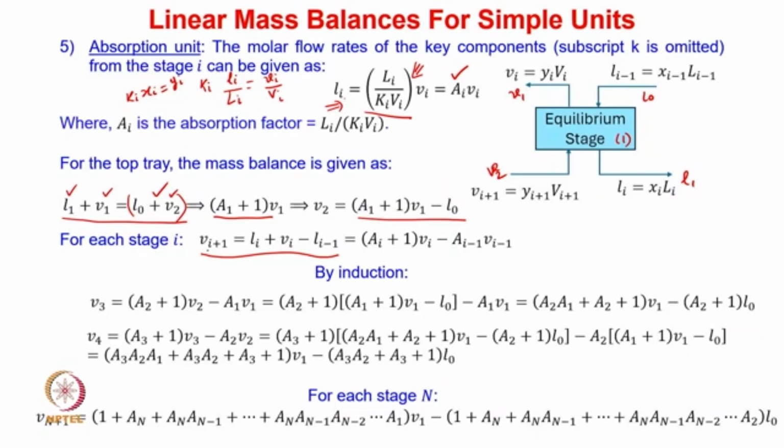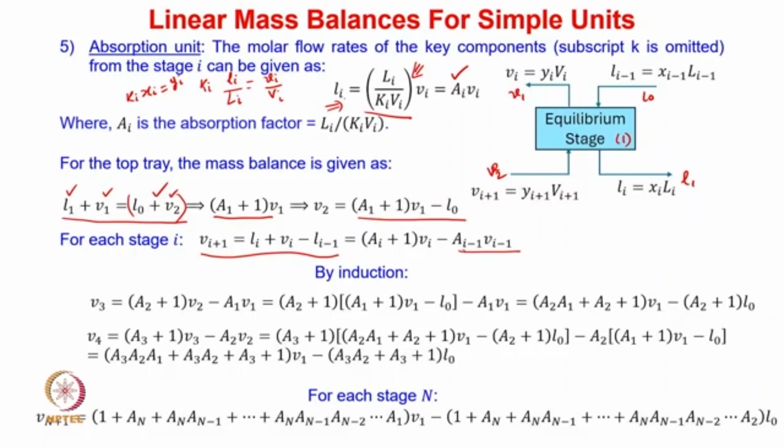We can rearrange this equation so we get v i plus 1 is given as l i plus v i minus l i minus 1. In this particular case, this l i can be replaced by A i v i. I can take this v i common, so that becomes A i plus 1 in the bracket, and outside we have v i, and this l i minus 1 will be nothing but A i minus 1 into v i minus 1. So that is what is written here.